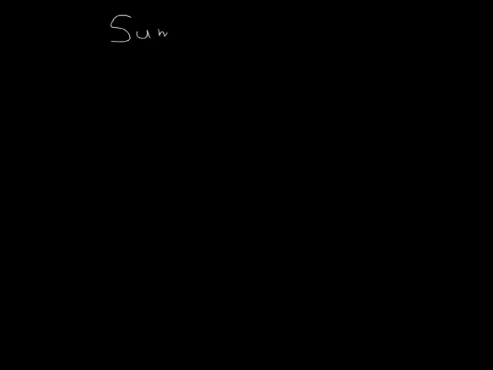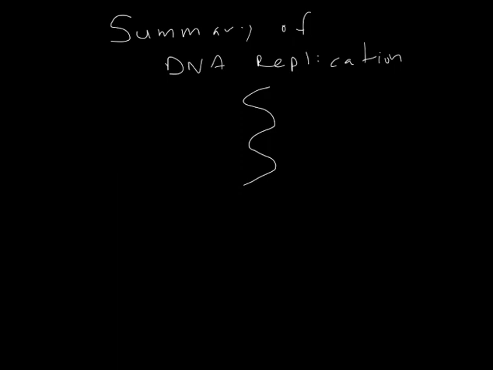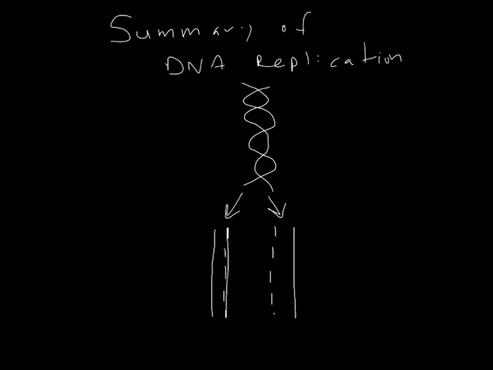To recap DNA replication, a single chromosome of DNA unwinds to create 2 single strands, pairs with free nucleotides and nitrogen bases, and then joins.